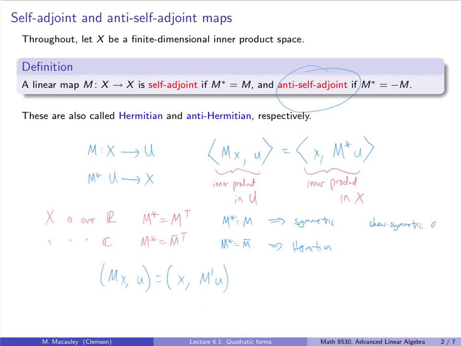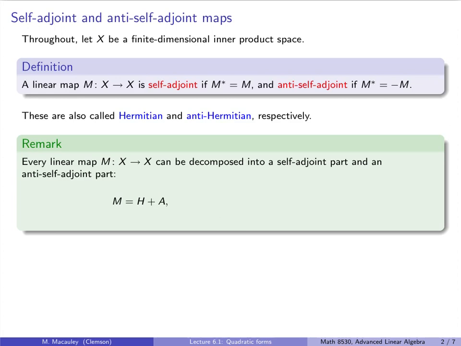So that means that Aij equals negative Aji. And over the complex numbers, sometimes it's called skew Hermitian. And that means that Aij equals negative Aji bar.